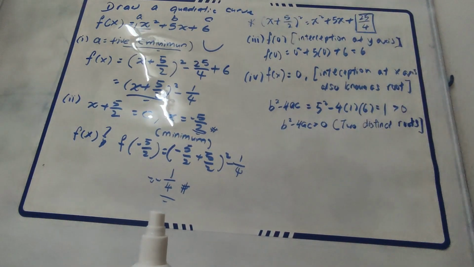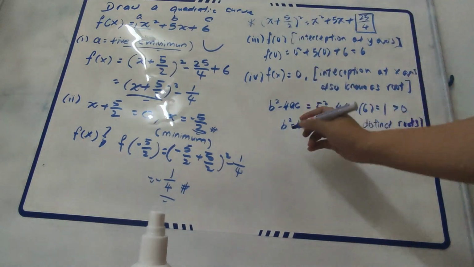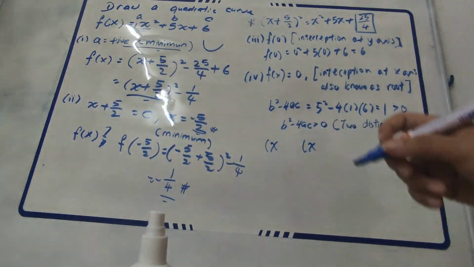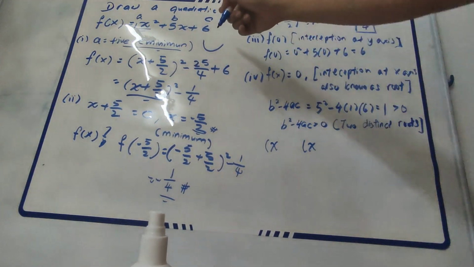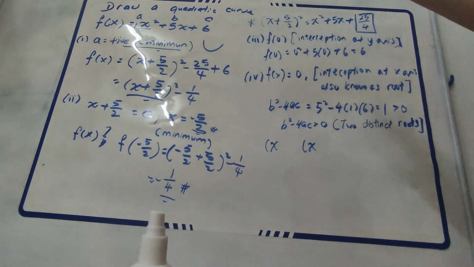Okay, this is a very simple quadratic equation, so no need to use minus b plus and minus square root of b squared minus 4ac divided by 2a. Of course, if you want to use it, it is also allowed, but I just do it in this way. Simply factorise: x squared plus 5x plus 6. Of course, 6 can be 6 times 1 or minus 6 times minus 1.